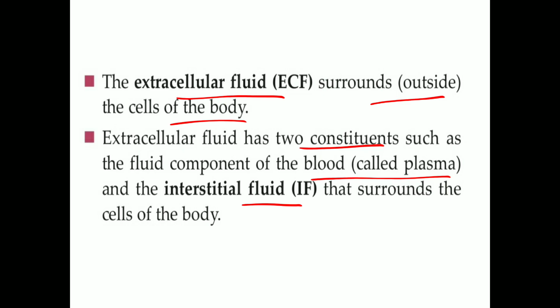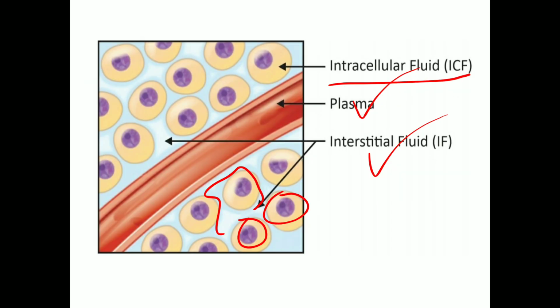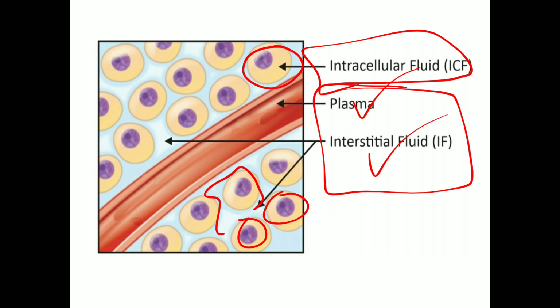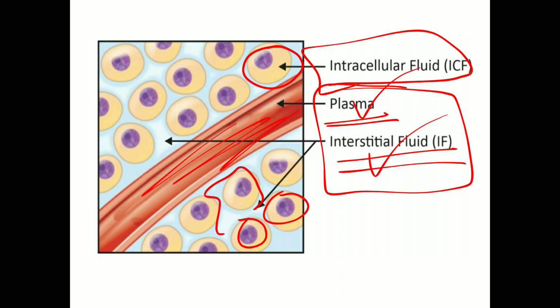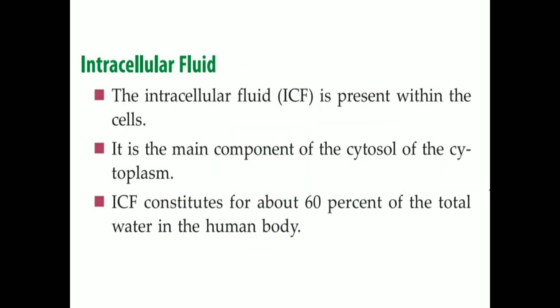So the intracellular fluid compartment is present within the cell, and the extracellular fluid compartment is composed of plasma and interstitial fluid. And plasma is present within the blood, within the blood vessel.